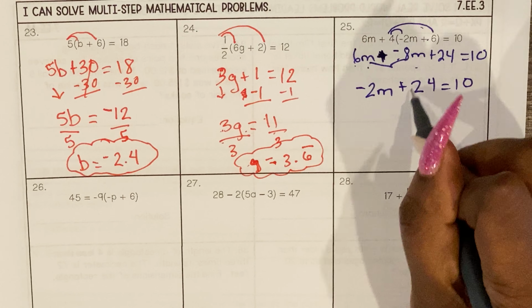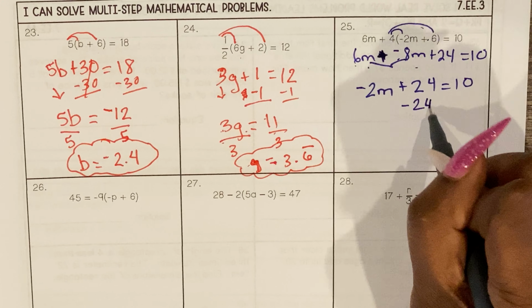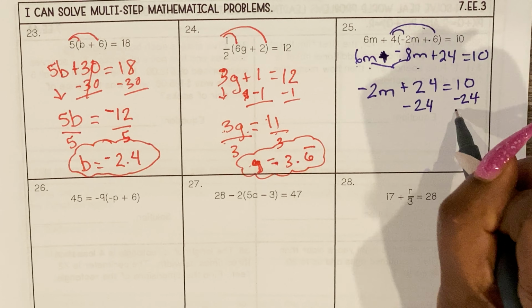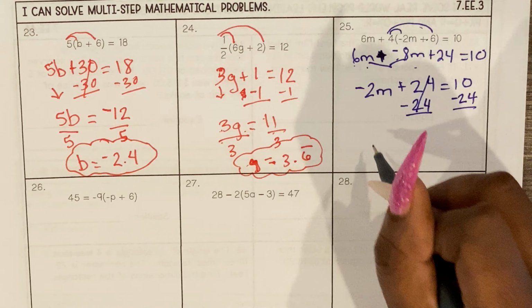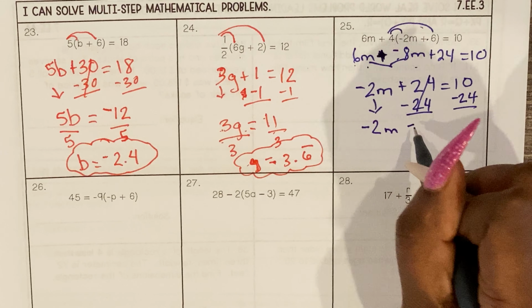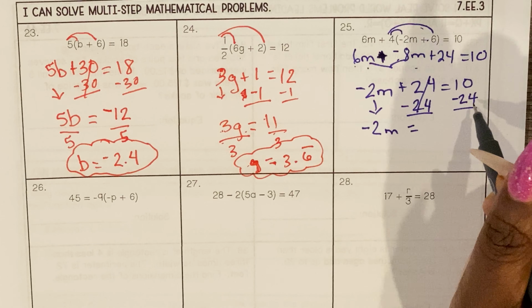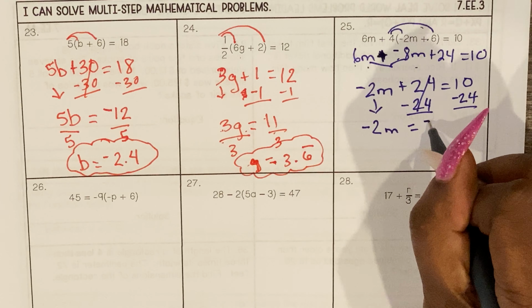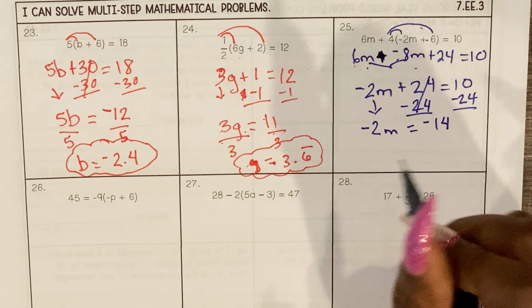And then I'm going to work with my constant. I'm going to subtract 24 from both sides. That zeroes out. Bring down my negative 2m. 10 minus 24 is negative 14.